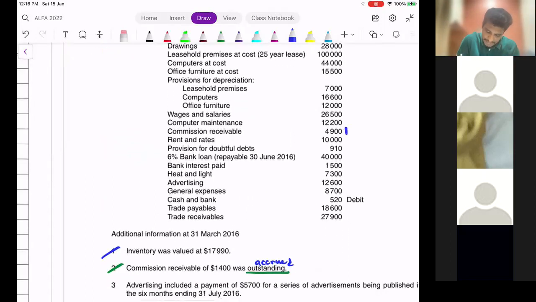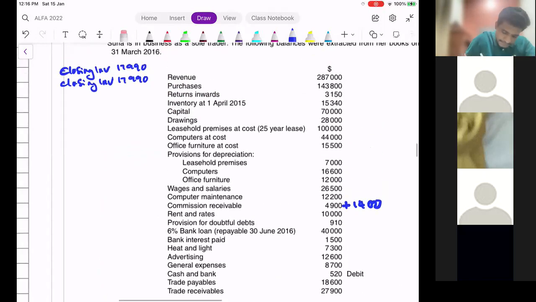Commission receivable, you plus 1,400. And then go create a new account called commission receivable accrued, 1,400. Can or not?